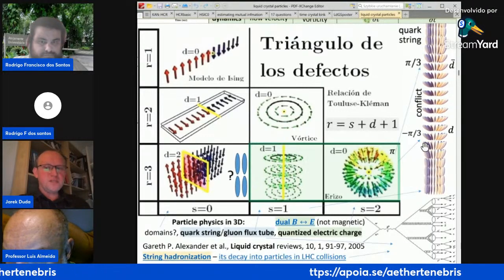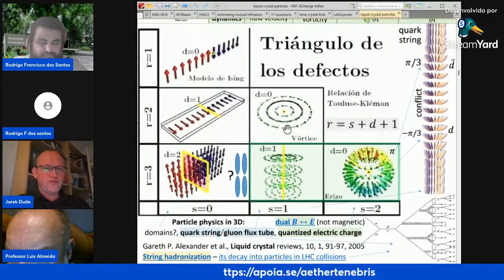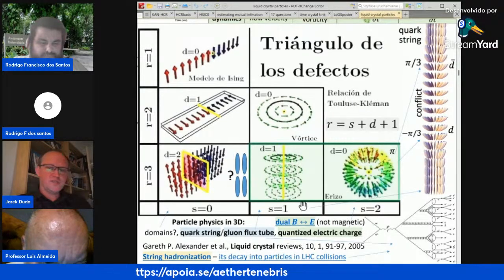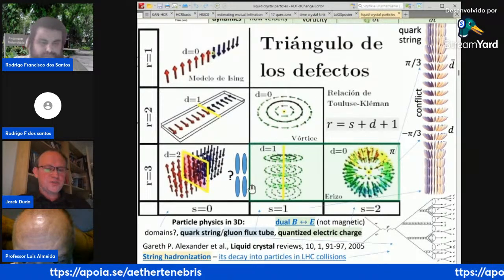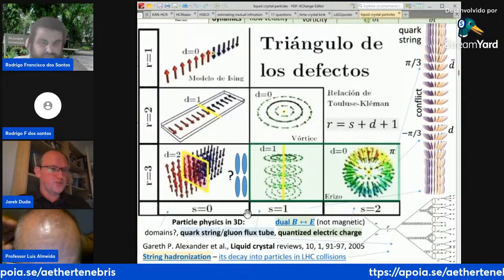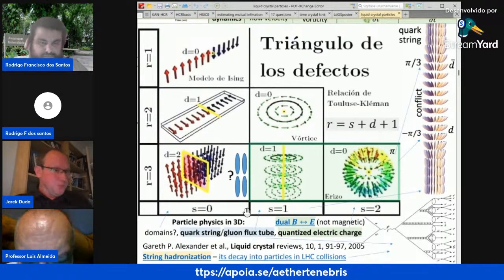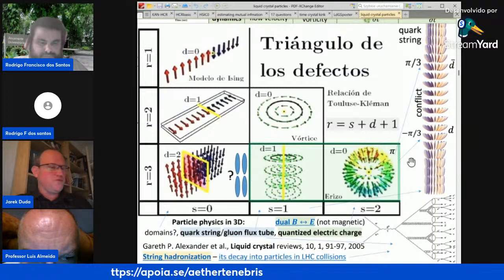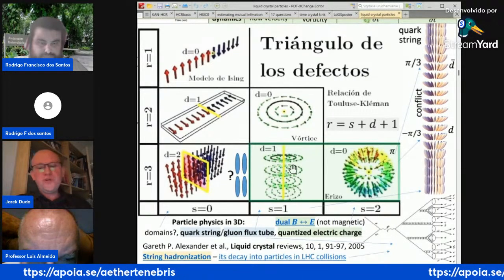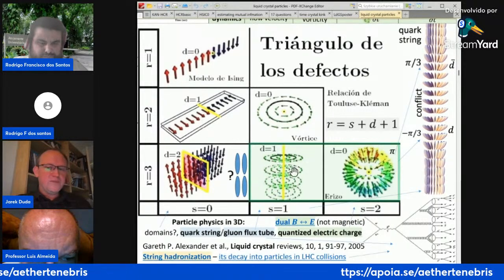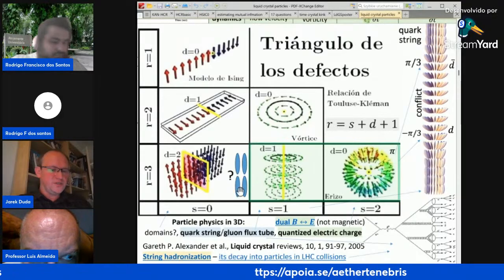So to understand quarks, we need both types of topological defects: the point-like for charge, but also vortex-like for the quark strings. Moreover, these two should be sufficient, because in the Large Hadron Collider they use so-called string hadronization.